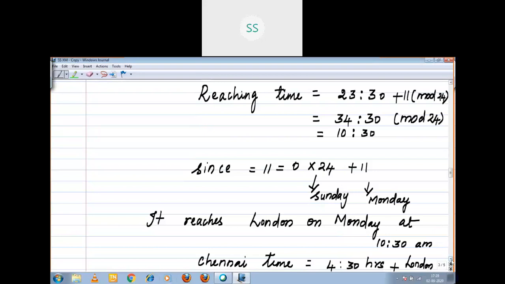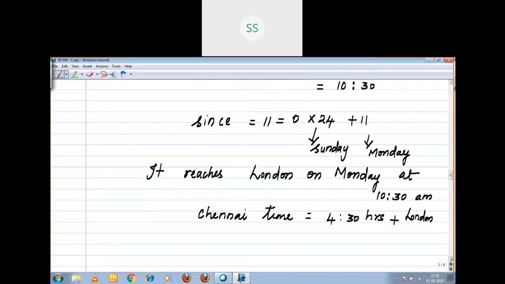Right? Now, London time is equal to 10 hours 30 minutes minus 4 hours 30 minutes, which is equal to 6 hours.